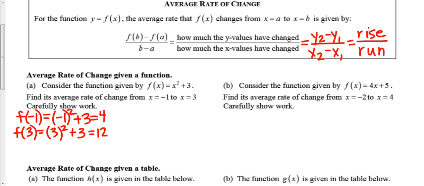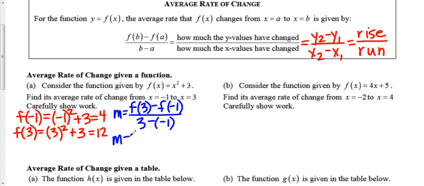Okay, now we're going to use the formula that was given to you inside the box. Okay, I'm going to use m because we are talking about slope, which is another way of saying average rate of change. My y value of f of 3 minus f of -1, okay, over 3 minus -1. So all I did was I did the substitutions that you see in the box. And now we're going to do a few more calculations.